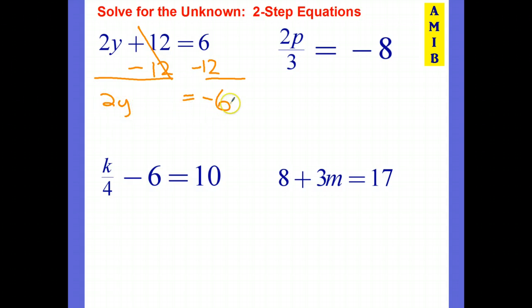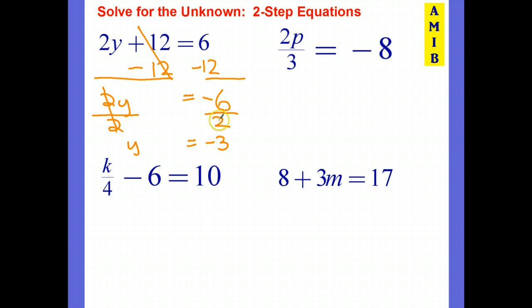Second step. Notice by the way, we now have a one-step equation. Every time we do one step, we reduce the number of steps that we still have to do. So I've got to undo multiplying by 2 by dividing by 2. 2 divided by 2 is equal to 1, and 1 times y is just y. Negative 6 divided by 2 is negative 3.